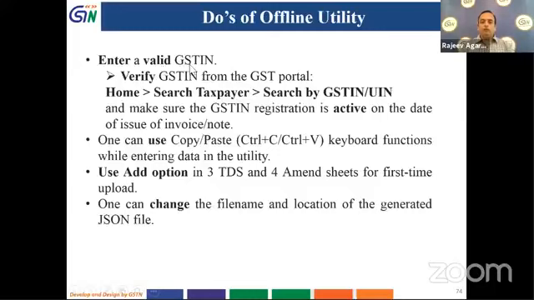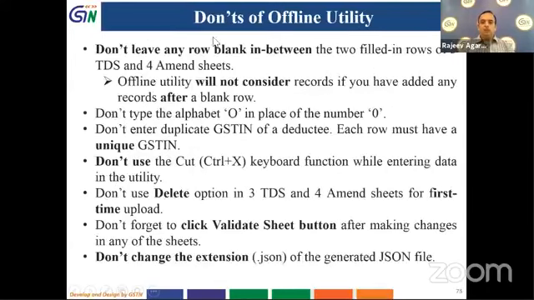If you have to see whether a GSTIN is valid or not, you can go to home, search taxpayer and search by GSTIN and see the active status, whether the GSTIN is active or not. You can use the copy paste functionality also, and one can change the file name and location, but one should not change the extension of the JSON file.